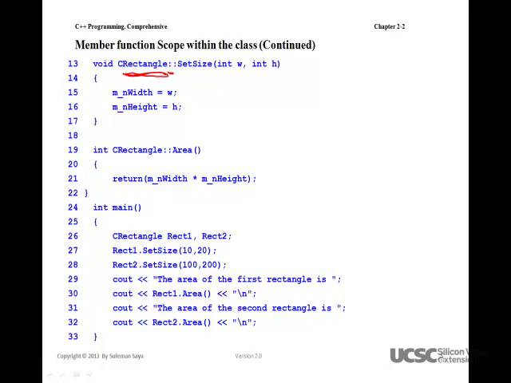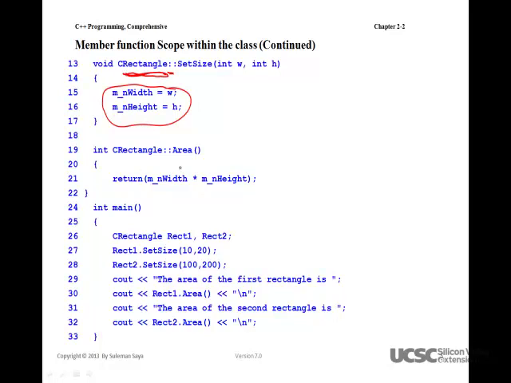And within the body of the function at lines 15 and 16, all I'm doing is initializing these two data members, which a function can see directly. The set size function can see both data members directly. So these data members will be initialized to whatever parameters are passed when the function is called. Okay, so the height and width will be initialized with those parameters.